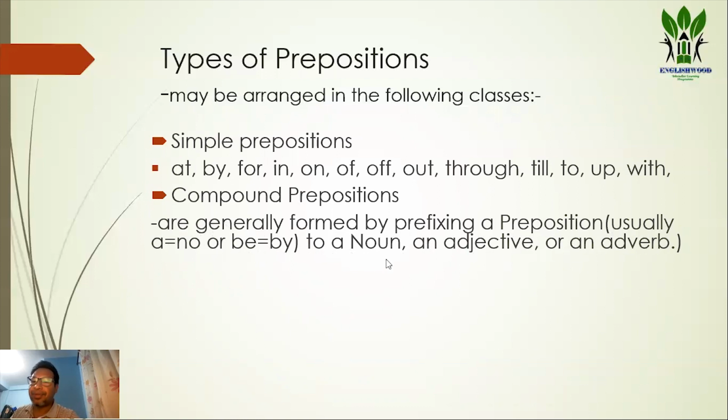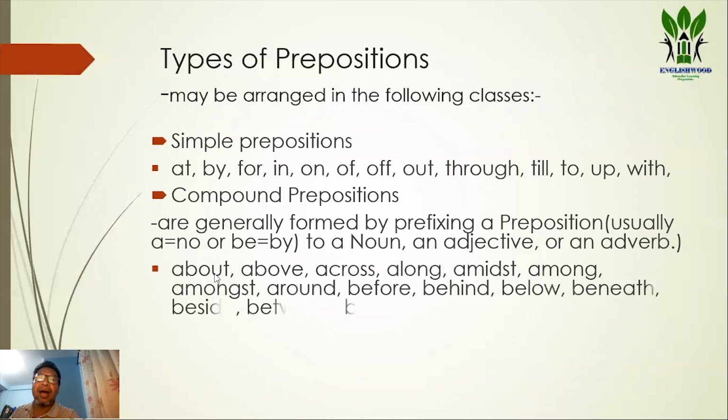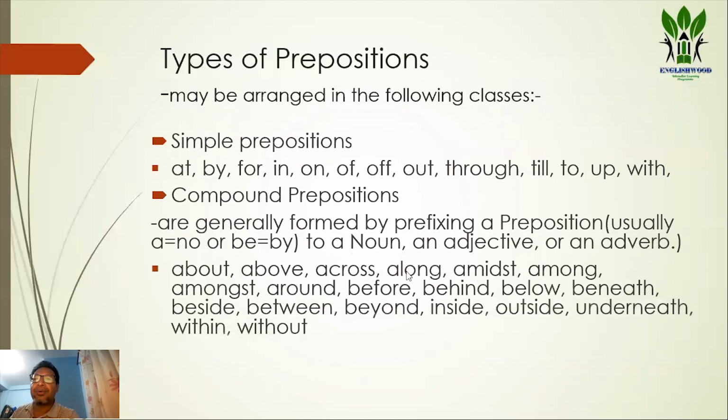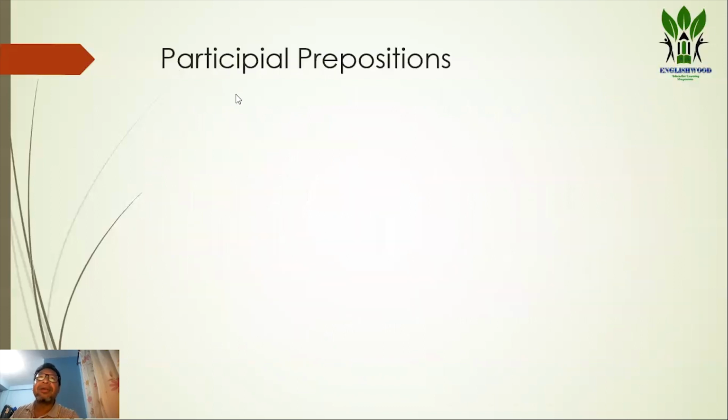For example, about, above, across, along, amidst, among, amongst, around, before, behind, below, beneath, beside, between, beyond, inside, outside, underneath, without, within. In this way, these are known as compound prepositions.